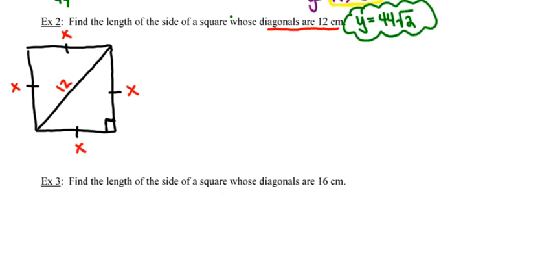So like the first problem, this one too is simply a Pythagorean theorem problem, but this time my hypotenuse I know, whereas in the first example the hypotenuse was what I was trying to find. So again, it becomes a squared plus b squared equals c squared. In this case, my two legs are each x's.